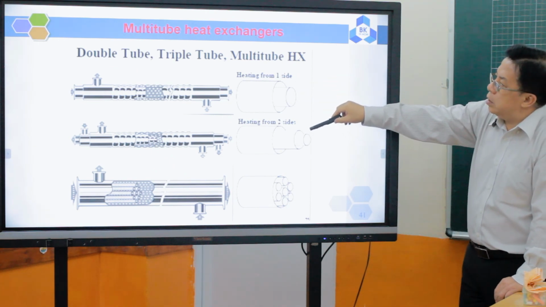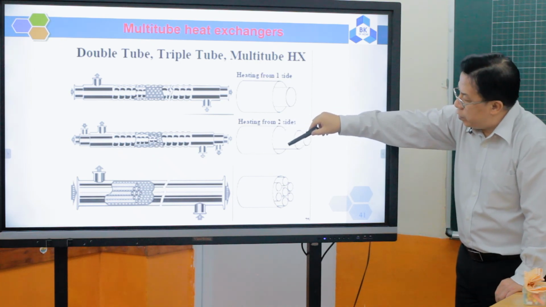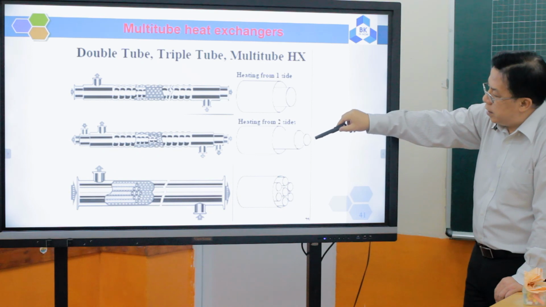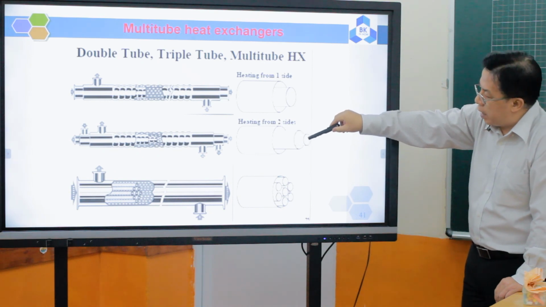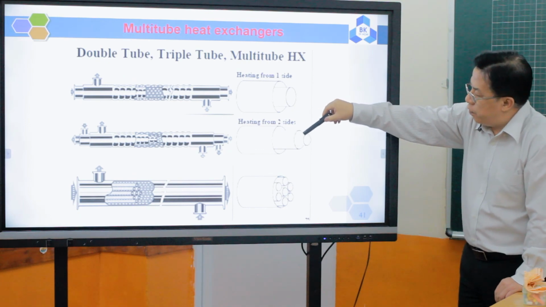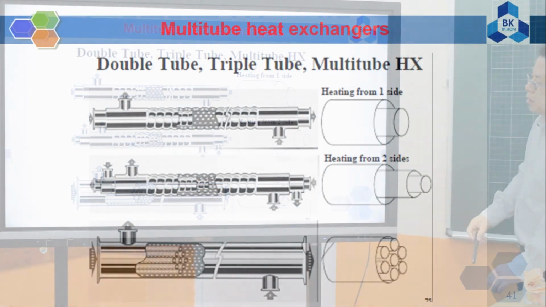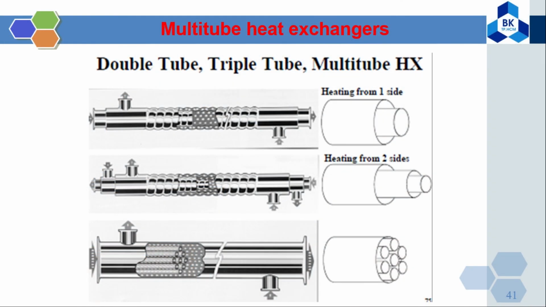If you use a triple tube, for example, the outside one you use for the hot, the inside one is hot, and the middle one is cold. So you can see that in this case, the cold fluid will be heated up from both sides, inside and outside. So it can increase the performance of the heat exchanger. And the last picture is a multi-tube exchanger. So that is a different kind.